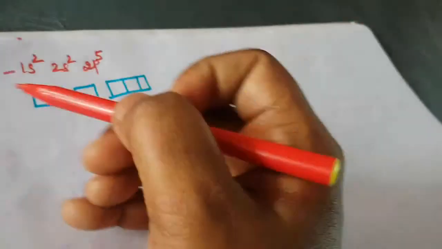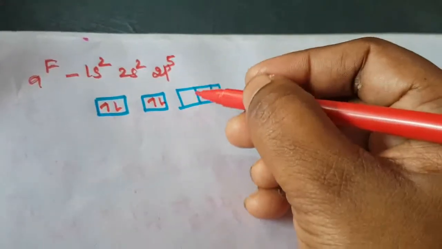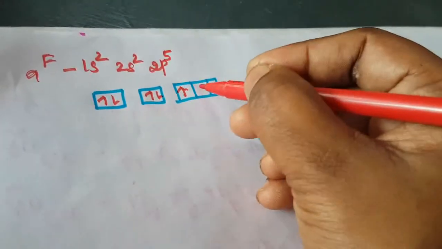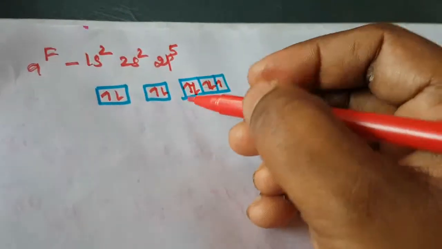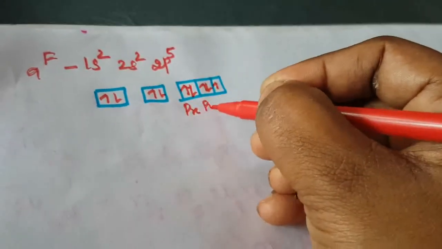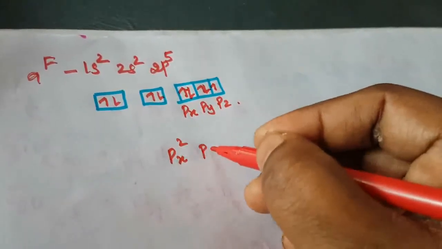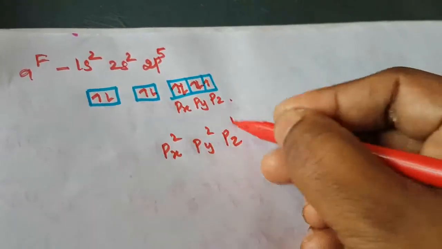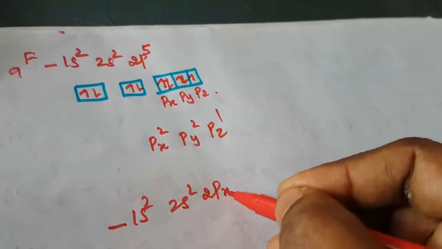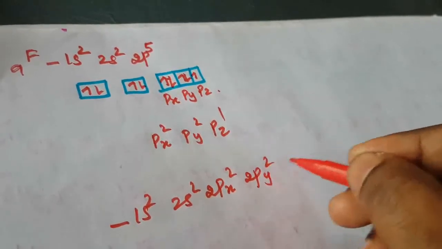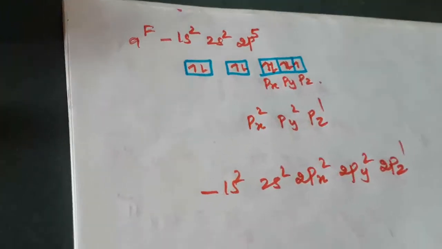Fill 1 2, 1 2, then here 5 electrons, 1 2 3 4 5, right? That is px, py and pz. So px is 2, py is 2 and pz is 1. You can write it like this: 1s2, 2s2, 2px2, 2py2 and 2pz1. So this is the way you write the electronic configuration.